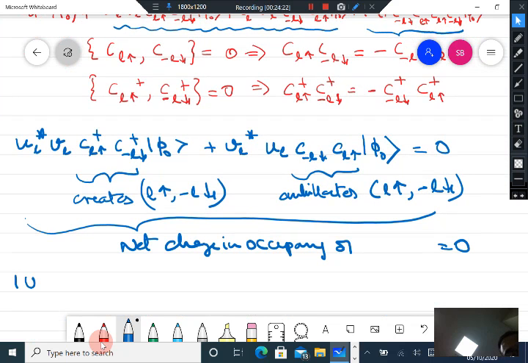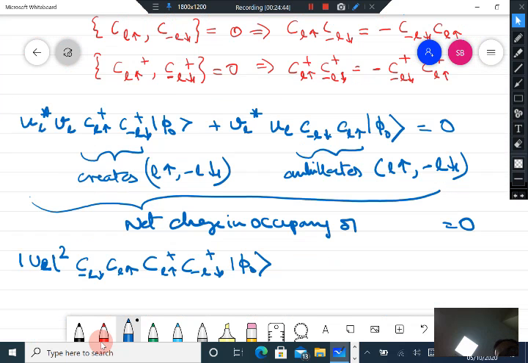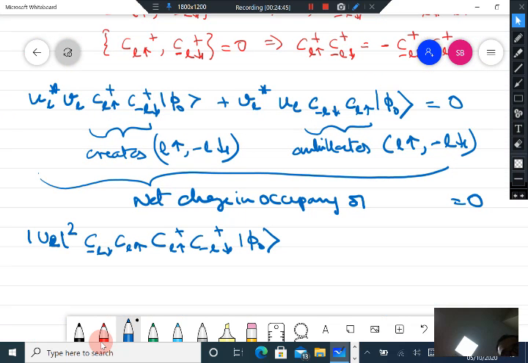So |VL|² C minus L down, C plus L up, C L up dagger, C minus L down dagger, phi naught. Okay. Now if you use the above anti-commutation rule, first you interchange these two.